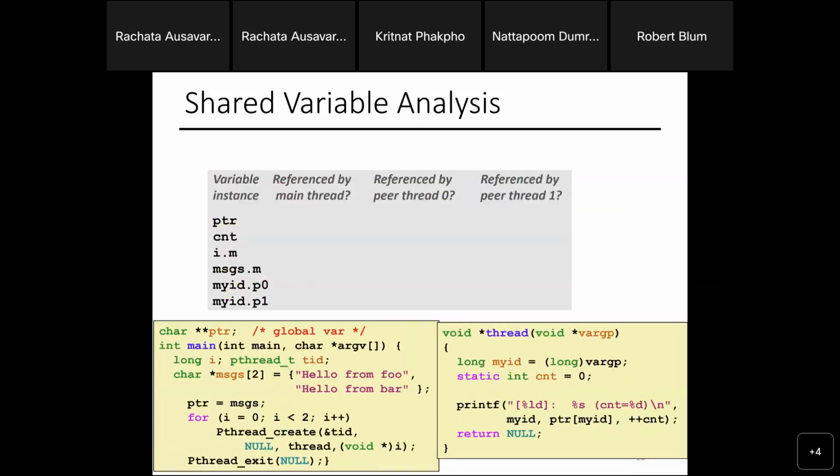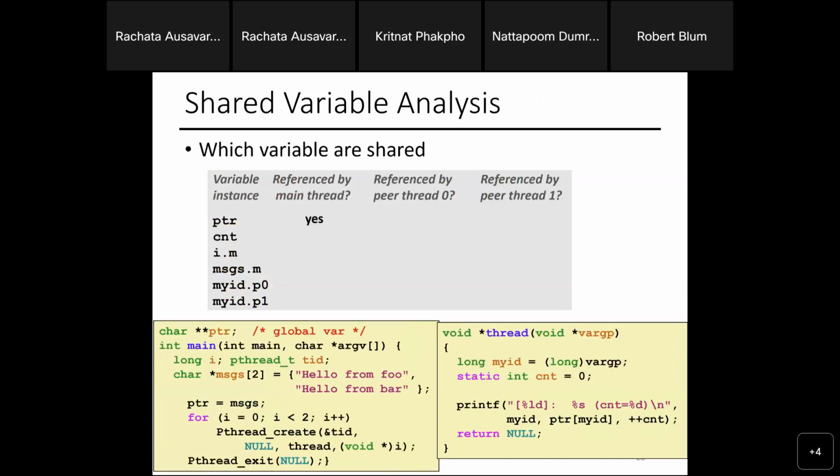All right. Now let's do some quick analysis, right? A variable is shared when they are shared by what? More than one thread. More than one thread can access that guy, it means that's shared. So which variables are shared? Let's look at pointer.